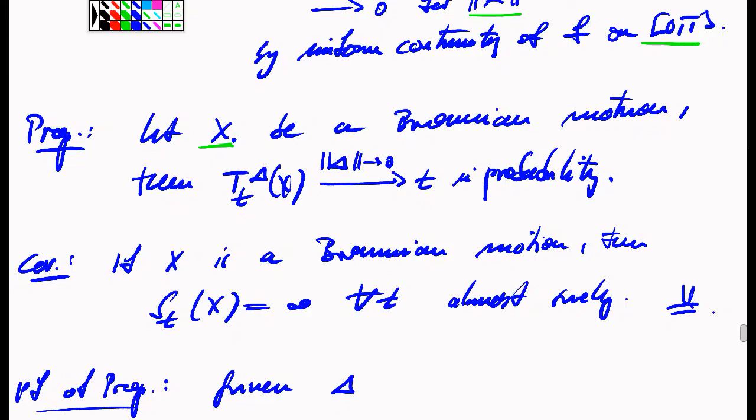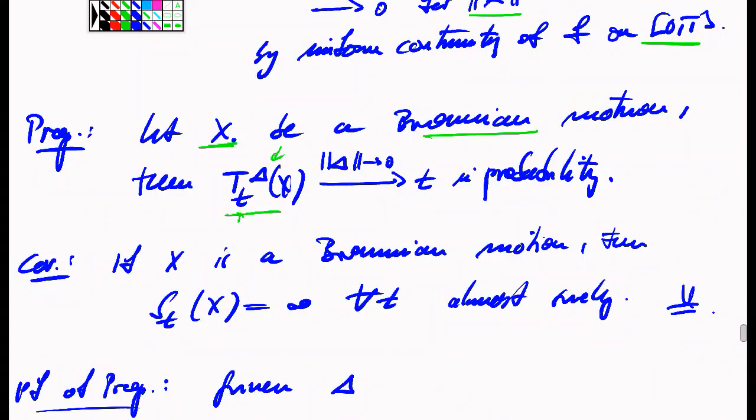Namely, if x is a random trajectory obtained from Brownian motion, then for a given sequence of partitions, I can evaluate the corresponding approximations of the quadratic variation of this Brownian motion at time t, following this grid delta.